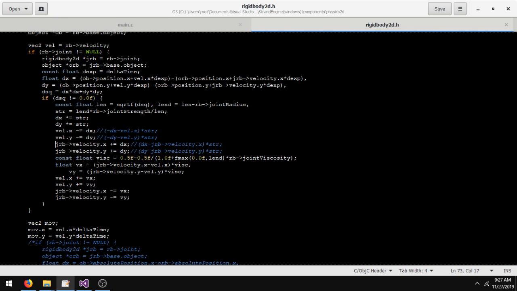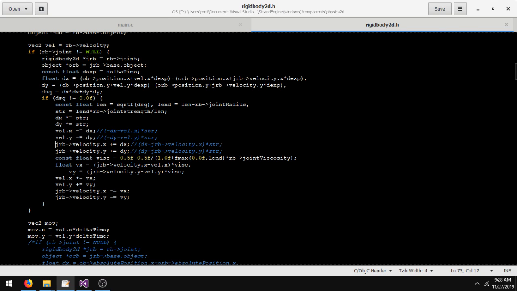How would I even do that? Clamping a vector of the same direction.